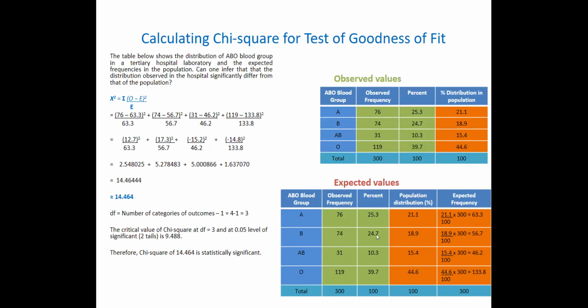They will have published, maybe for blood group, that in a particular population, A is 21%, B is 90%, AB is 50%, and O is 45%.